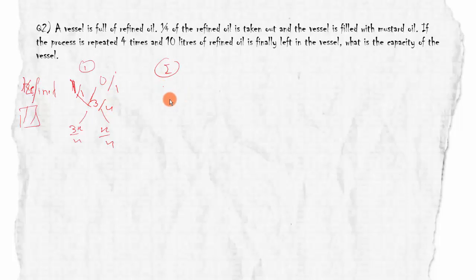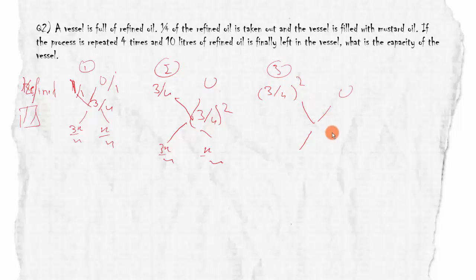In the second step, we mix this 3 by 4 refined oil with mustard oil to reach 3 by 4 whole square refined oil. Third step, we mix this to get 3 by 4 cube refined oil. Fourth step, we mix this cube to get 3 by 4 to the power 4 refined oil.